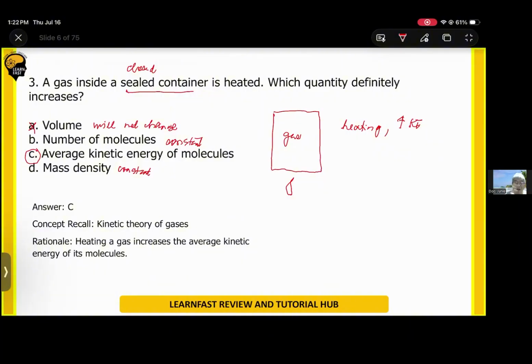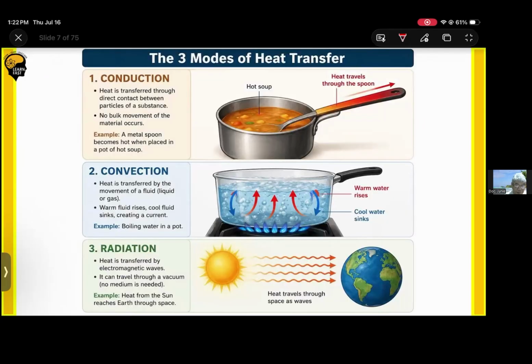The concept to recall is the kinetic theory of gases, and that theory emphasizes that if you increase the temperature of a gas, the kinetic energy of the gas molecules will correspondingly increase. So this is just recalling what concepts were raised in question number 2.